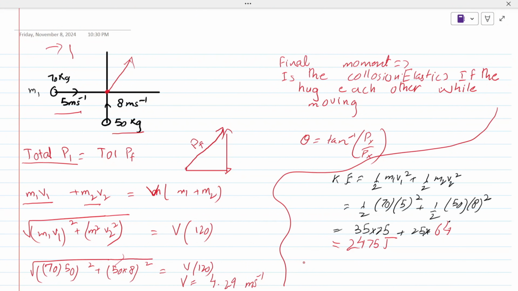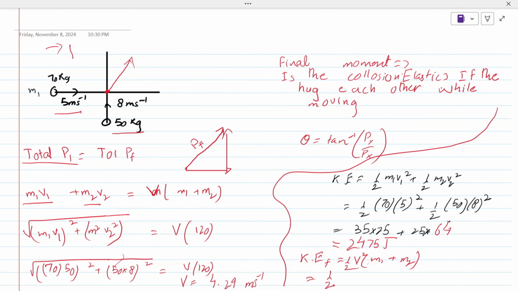What would be the kinetic energy finally? Half v square multiplied by m1 plus m2.